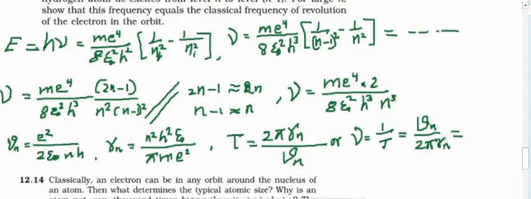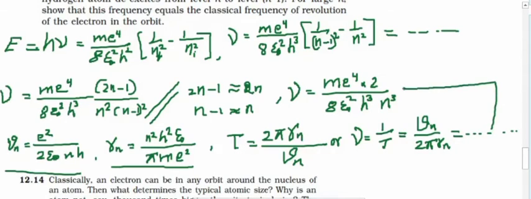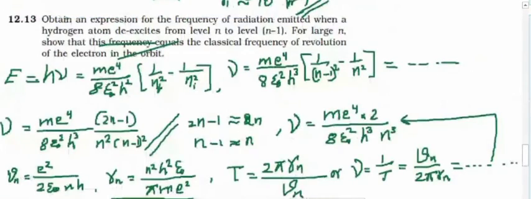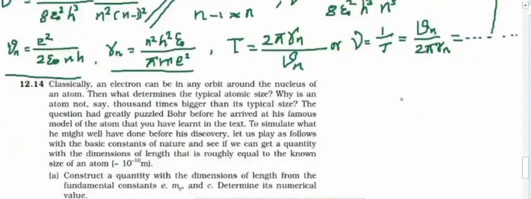Now in this formula, you substitute the values of Vn and Rn, then simplify. You can see you will get an answer which is the same as the value of nu given there. So hence you can prove that both the frequencies are equal. This is a question you have to note and study properly. Then next, question 40.